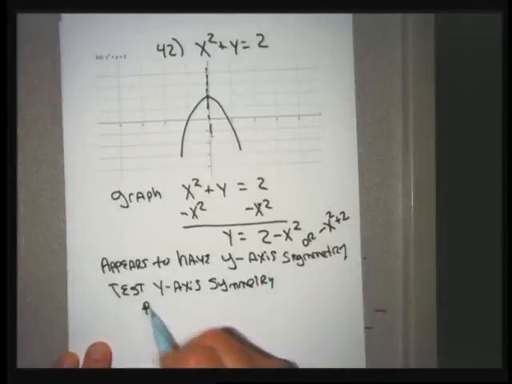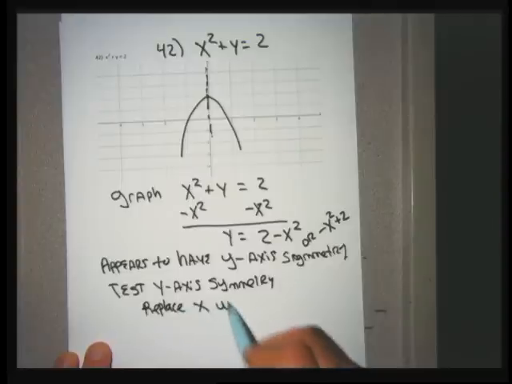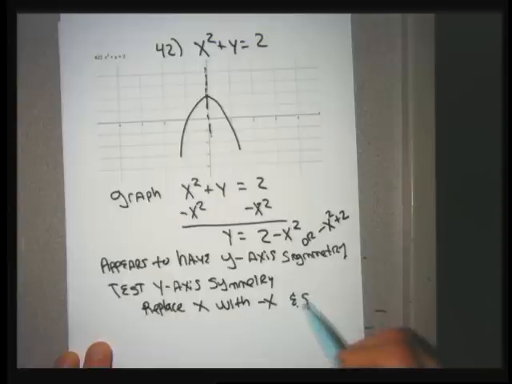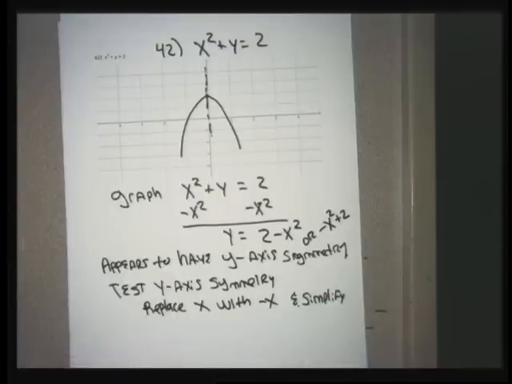I replace the x with a negative x and simplify. If it turns into the original problem, then it has y-axis symmetry. If it doesn't reduce to the original problem, then it doesn't have y-axis symmetry.